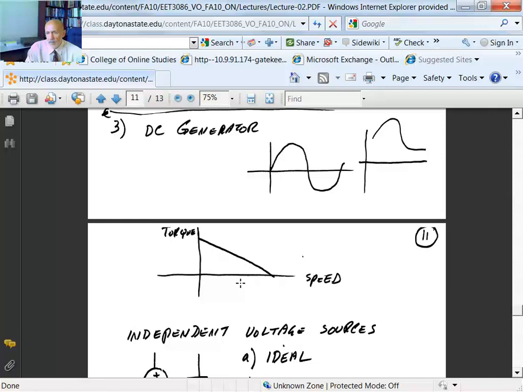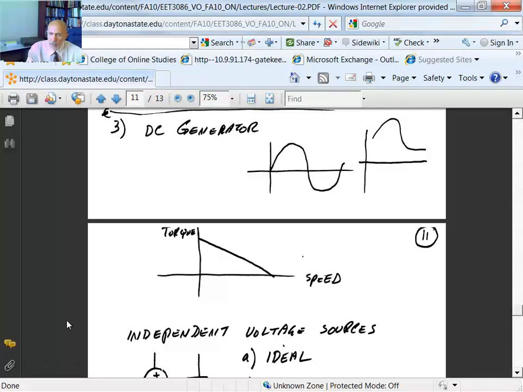AC motors have a very nonlinear speed-torque, so it's much more difficult to control, whereas with DC, the speed-torque is pretty linear. As you pick up the speed, the torque goes down. As you lower the speed, the torque goes up. So the motor actually regulates its own torque and speed, and it's fairly easy to control.